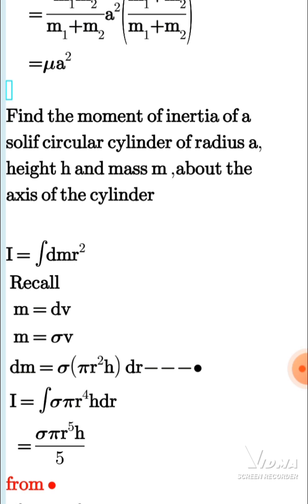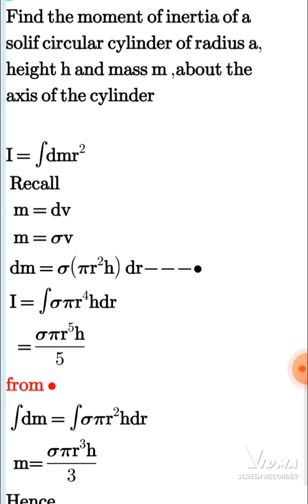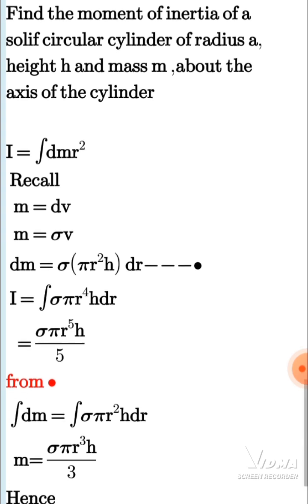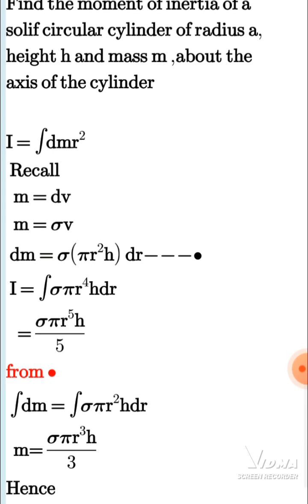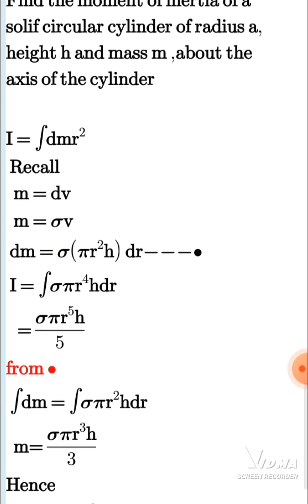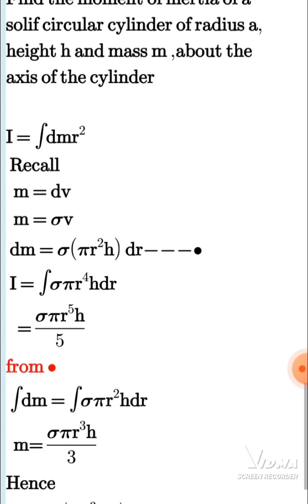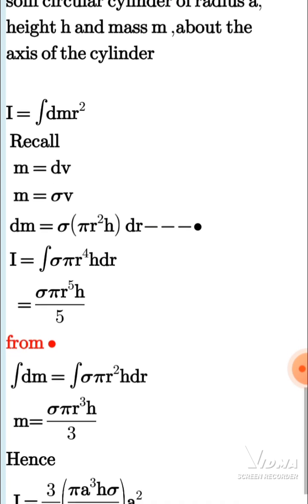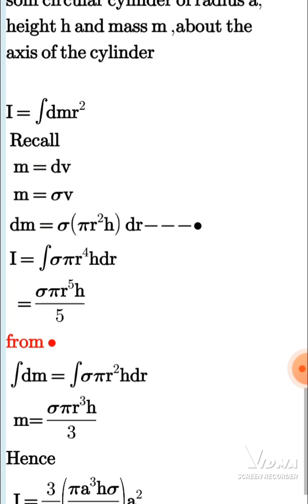So we substitute dm back into the initial equation, and we have density times pi r raised to power 4 h dr, and when we integrate, we have that. Now m equals density times pi r squared h dr. When we integrate both sides, we have taken m as the subject of the formula. So when we integrate that, we have density pi r cubed h over 3.